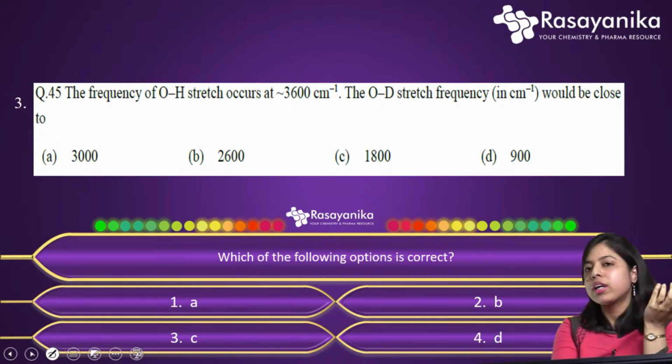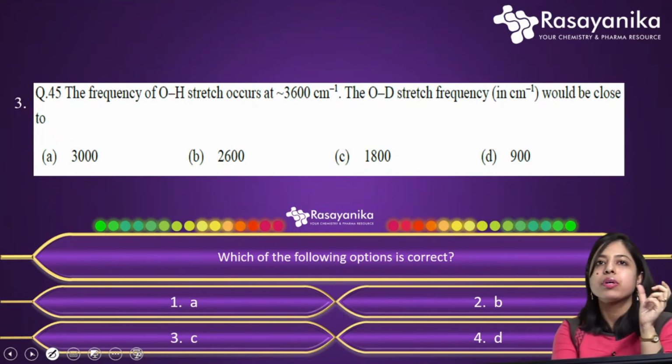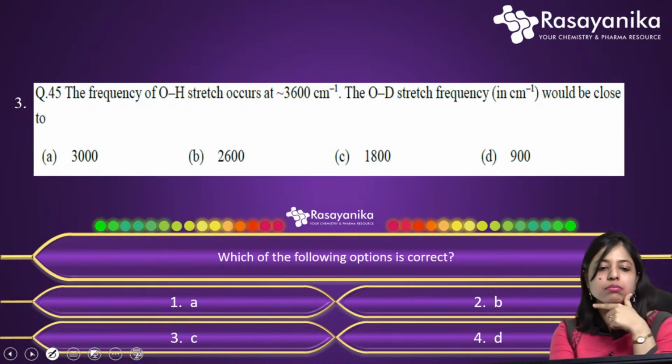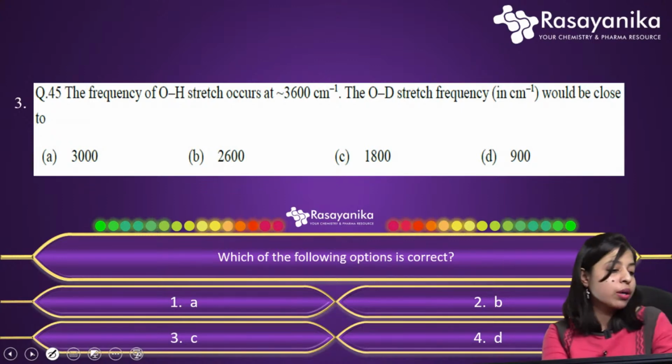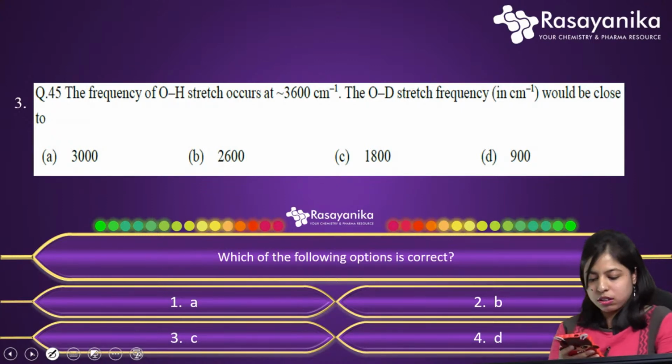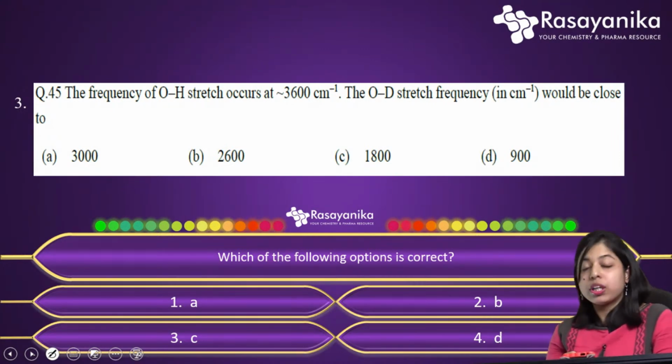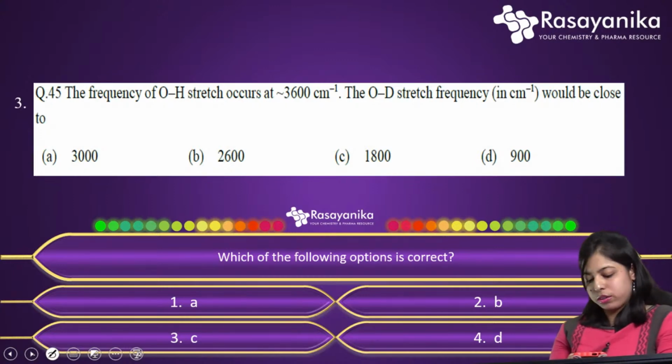The options are 3000, 2600, 1800 and 900. Which of the following options is correct? Anyone, in the comment box, you can write the correct option and I will tell whether it is correct or not.